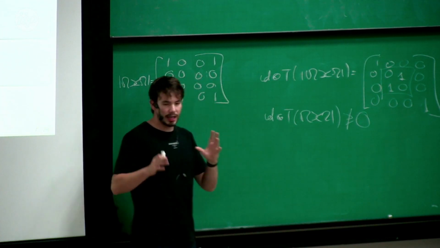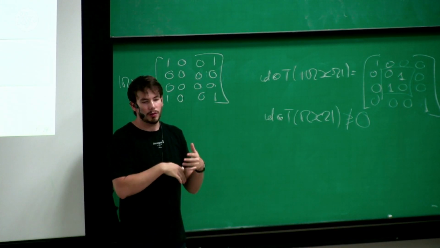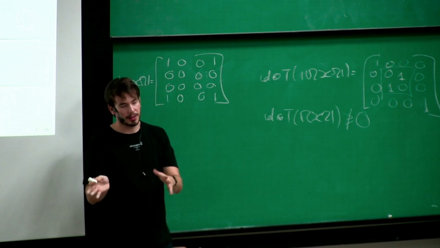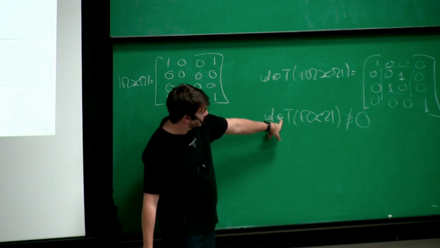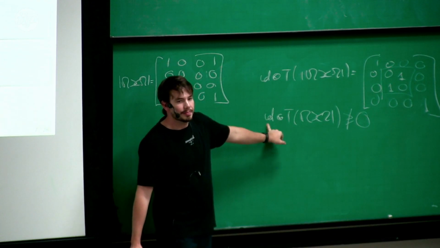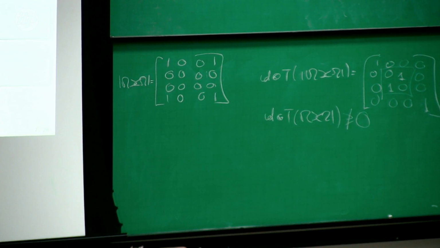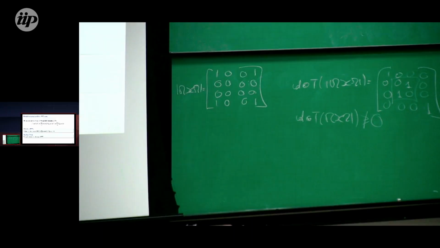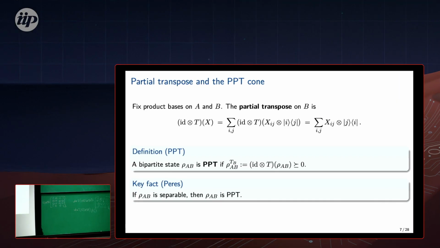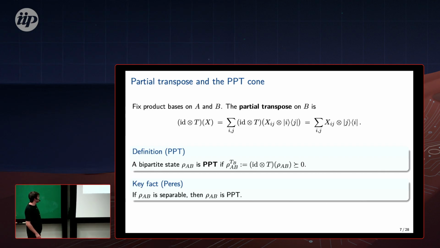Taking the transpose of a matrix maps positive matrices to positive matrices, but if you tensor it with the identity, that is no longer necessarily the case. Thanks, I almost forgot to say that. Other questions, observations? Nope. Okay. Thanks for helping me out when I forget to say important things.